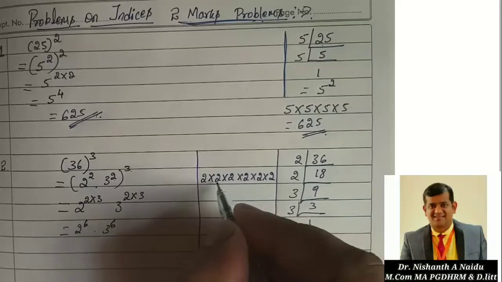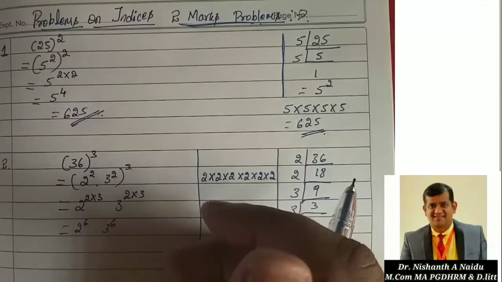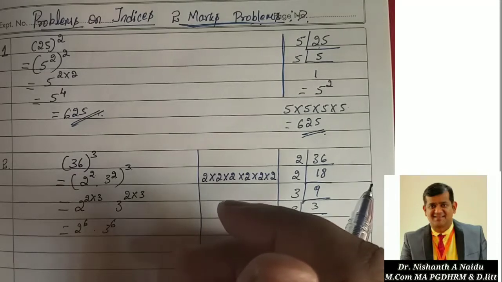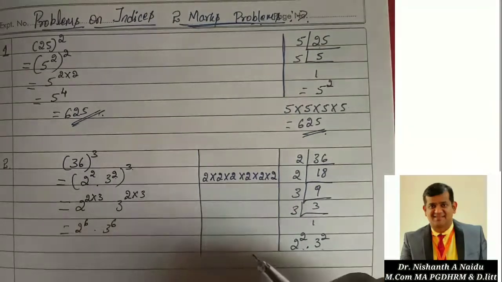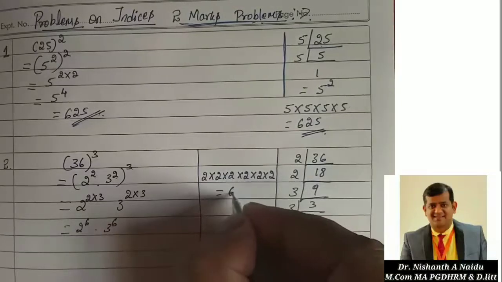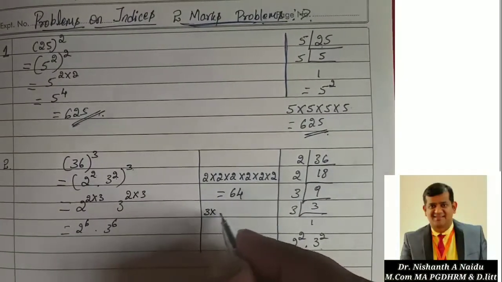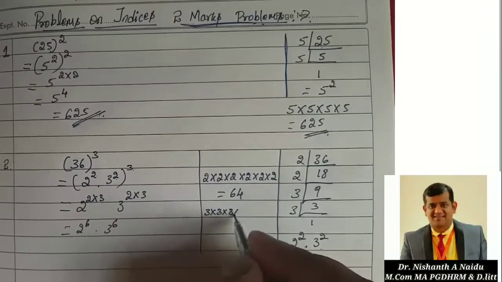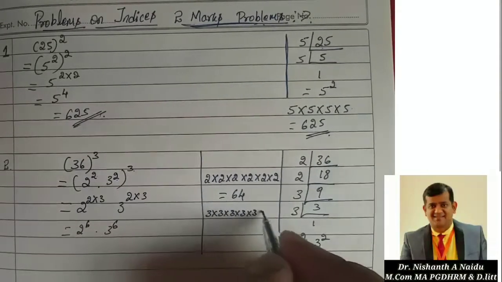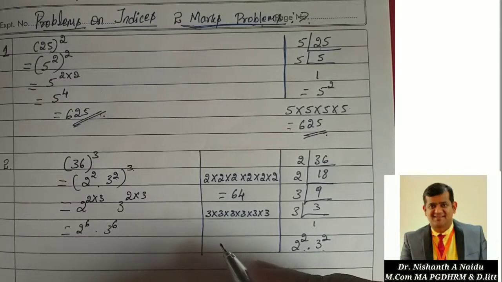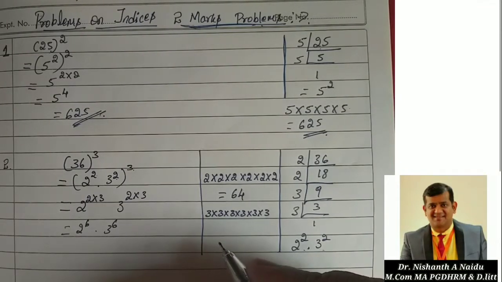So multiply now. So how much answer you got? That is equals 64. The same way, 3 multiplied 6 times: 1 2 3 4 5 6.